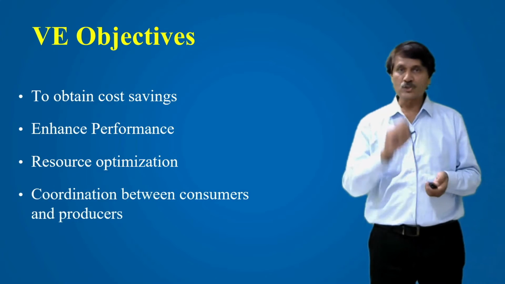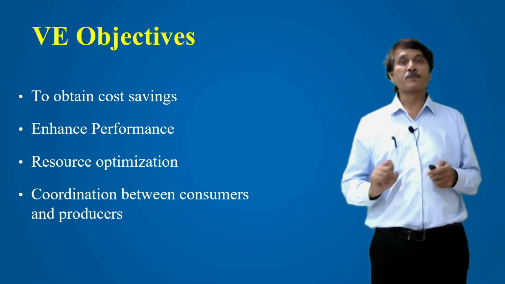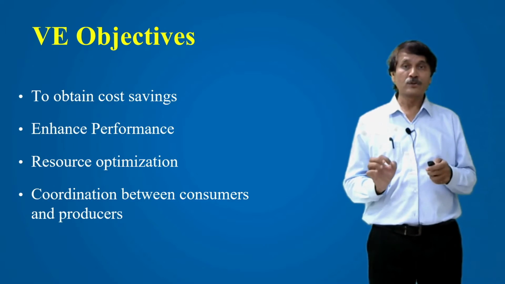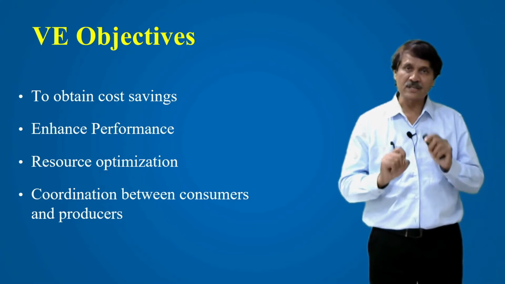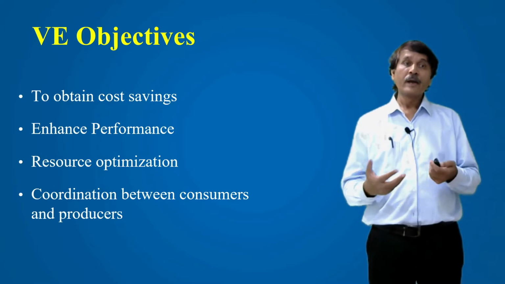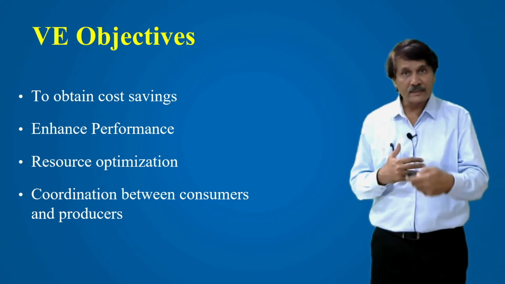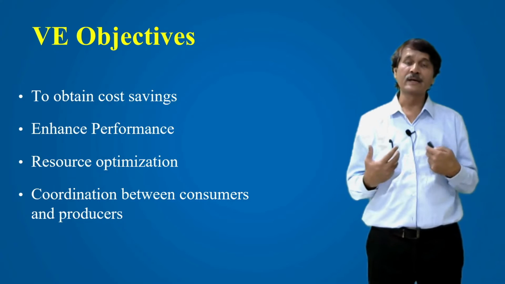Coordination between consumers and producers. This is very, very important, because you are making the product, or you are providing the service, for whom? For the consumer. And whatever is the need of the consumer, your product is supposed to fulfill that.